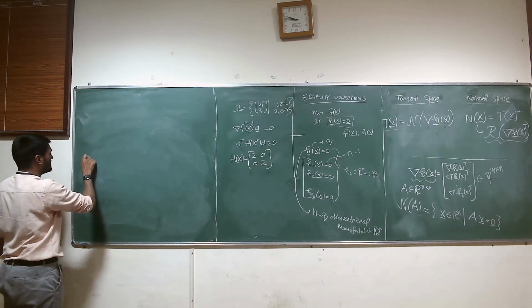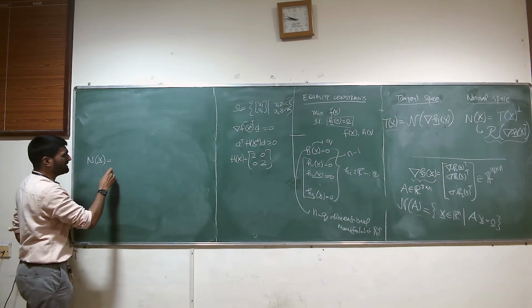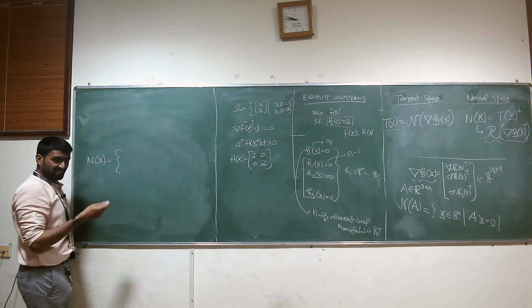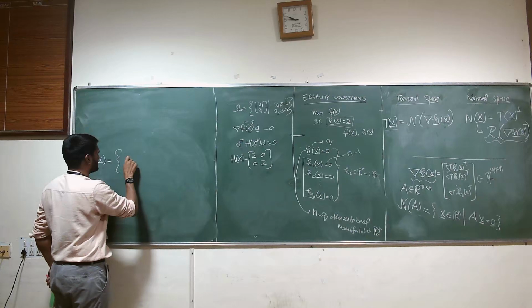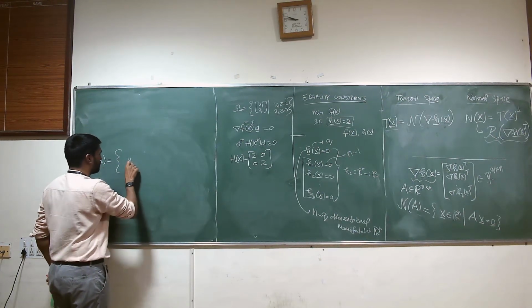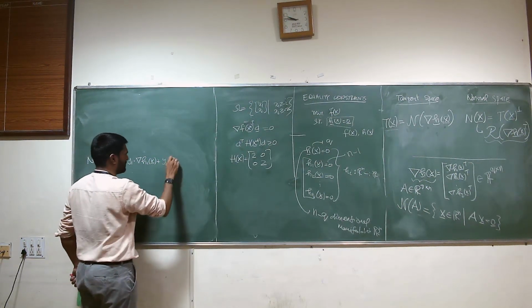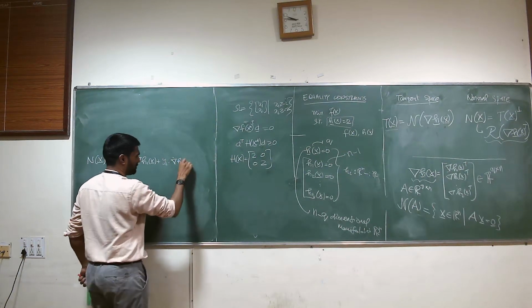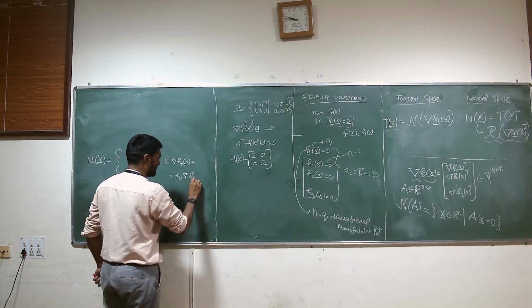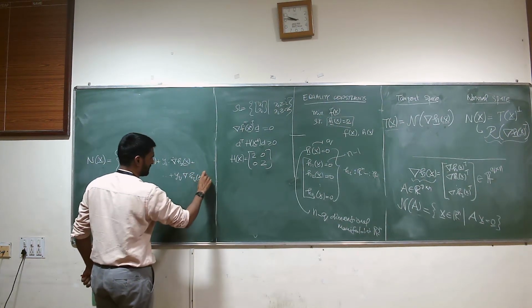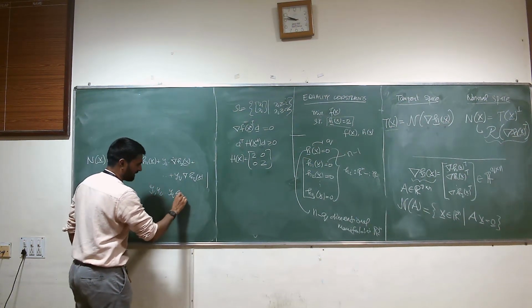Another way of saying this is the normal space is simply the set of all vectors that are a linear combination like this: y1 times gradient of h1 of x plus y2 times gradient of h2 of x, up to yq times gradient of hq of x, such that y1, y2, yq are all real numbers.